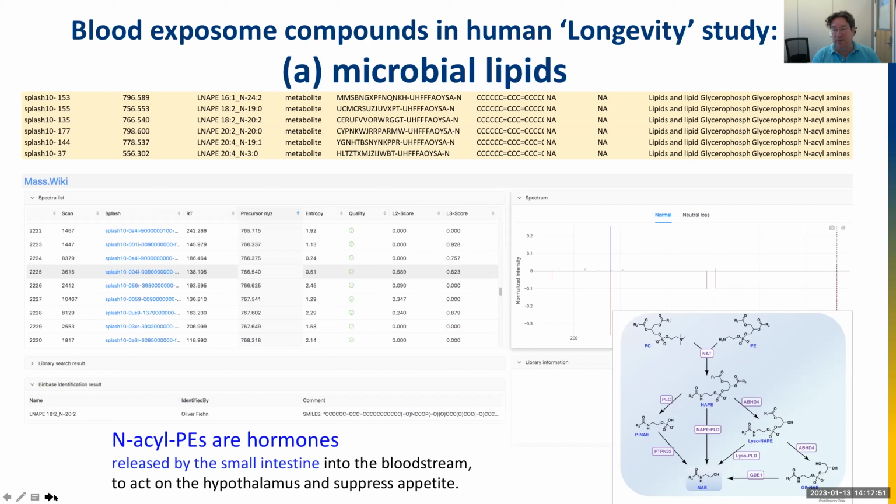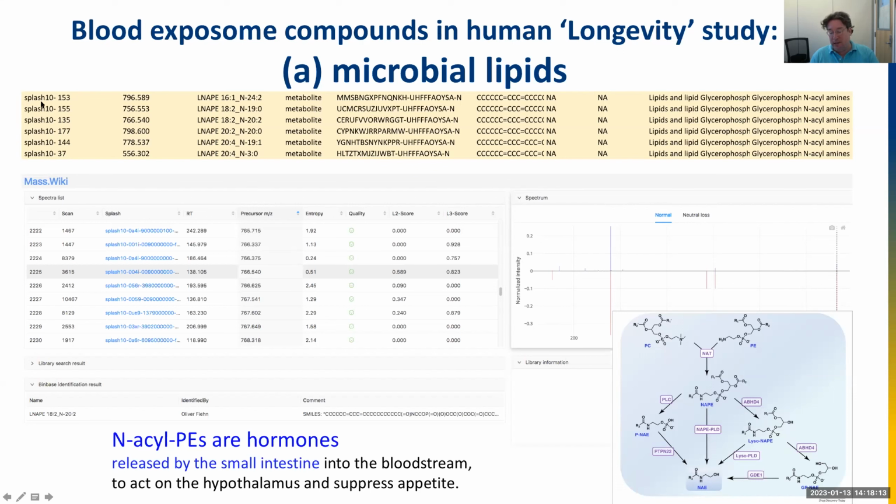We see here the specific forms of these N-acyl phosphatidylethanolamines, with very clear MSMS, and you see here also the front end, and you see also how we report all detected and identified compounds with a splash ID.